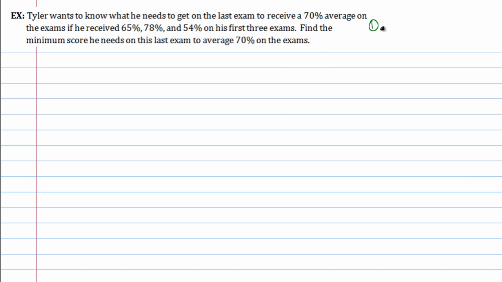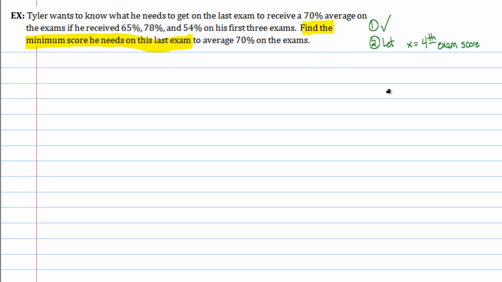Now, I've read it, I understand it. I'm going to let x equal the fourth exam score, because that's the only thing that we don't know. In fact, they even ask us what's the minimum score he needs on his last exam. So there we go.